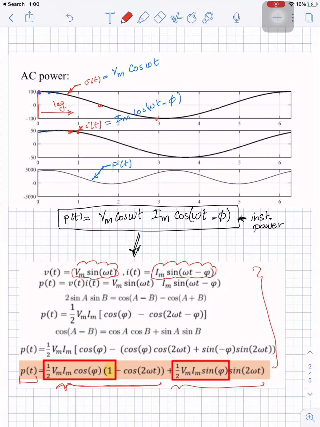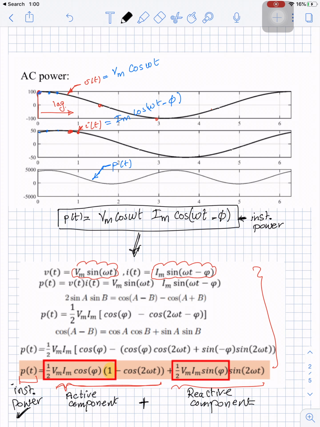So we named the first term the active component, and we named the second term the reactive component, and if we add the active component to the reactive component, we will get the instantaneous power, and this is the power in the circuit.